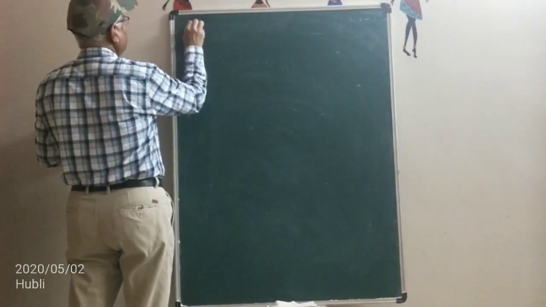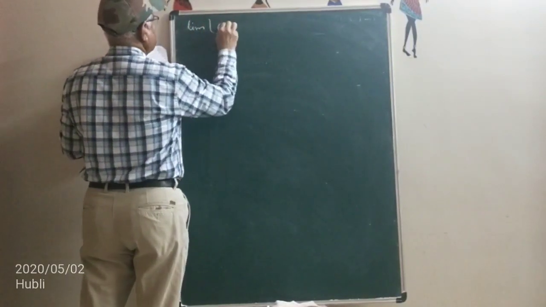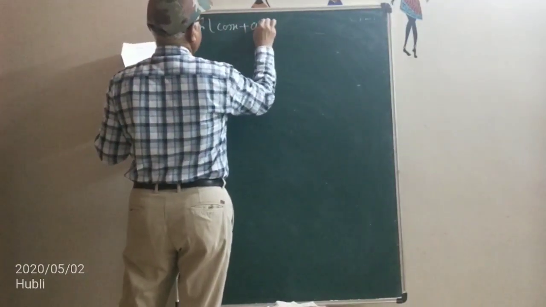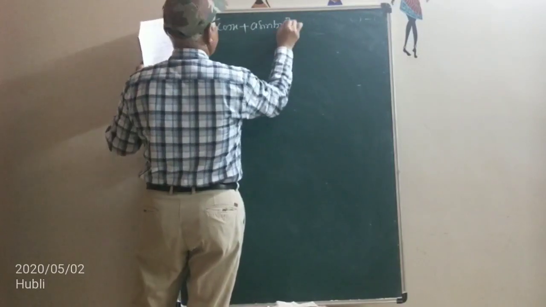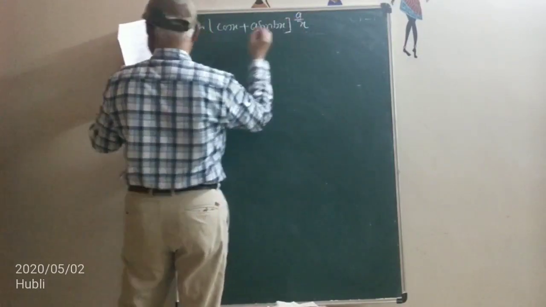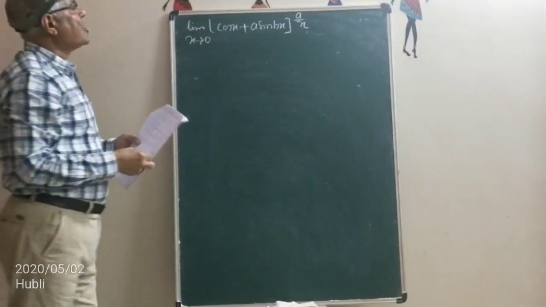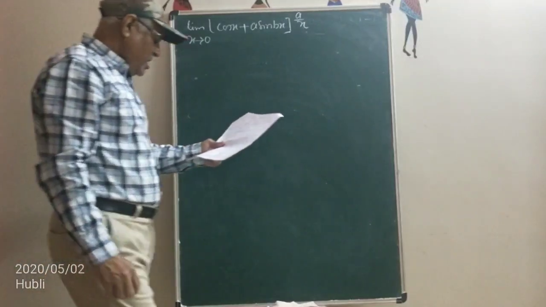Now limit of (cos x plus a sin bx) raised to a upon x as x tends to 0. Limit of cos x plus a sin bx raised to a upon x.